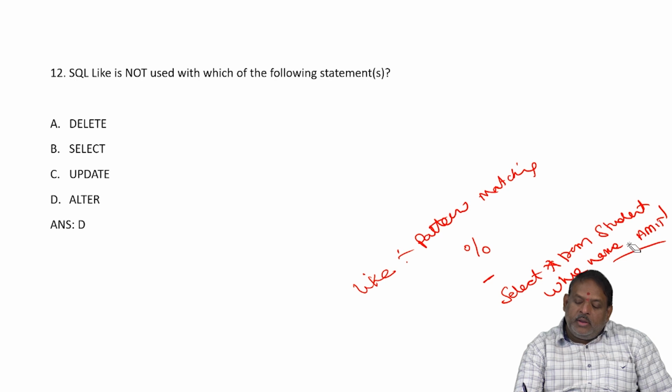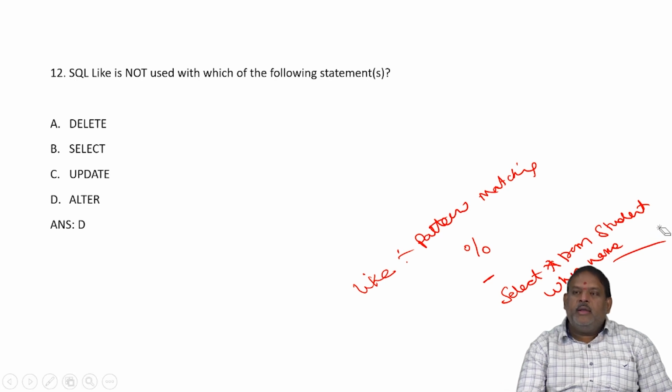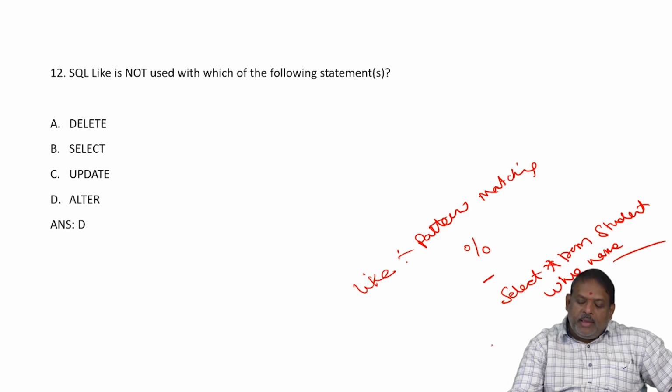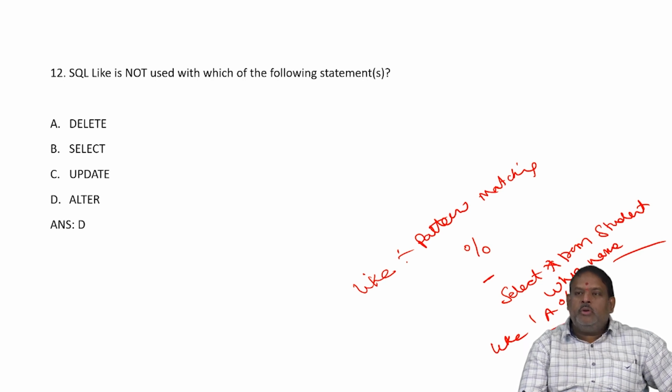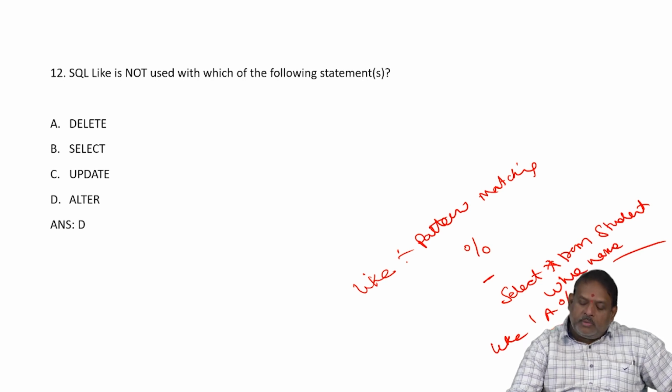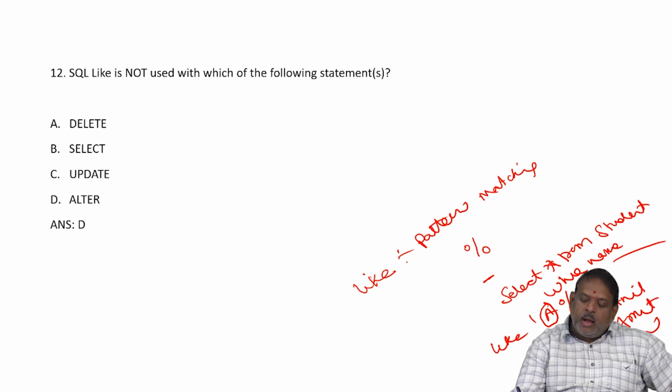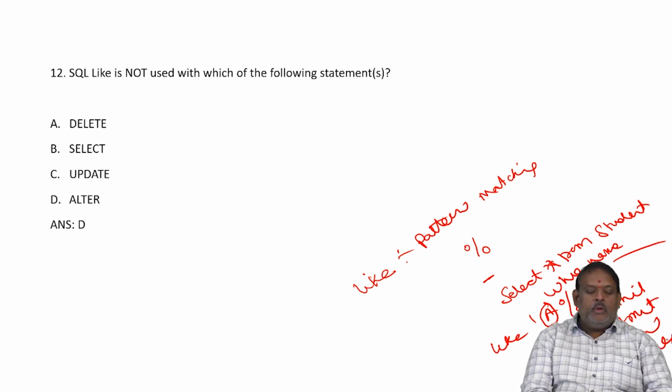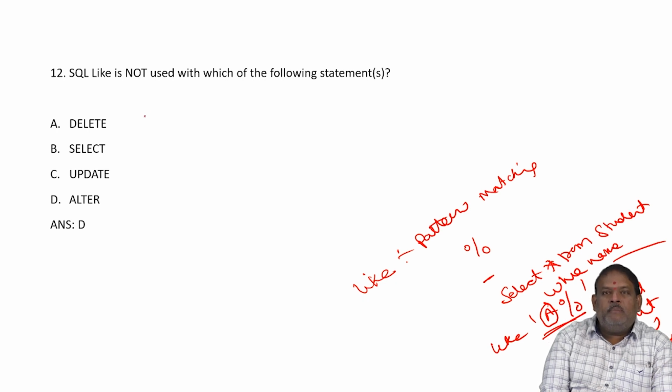You only know that your name starts with A. So you can say name like 'A%'. Now this statement is going to give you all the students whose name starts with the letter A, like Anil, Amit, Anu, Amul, etc.